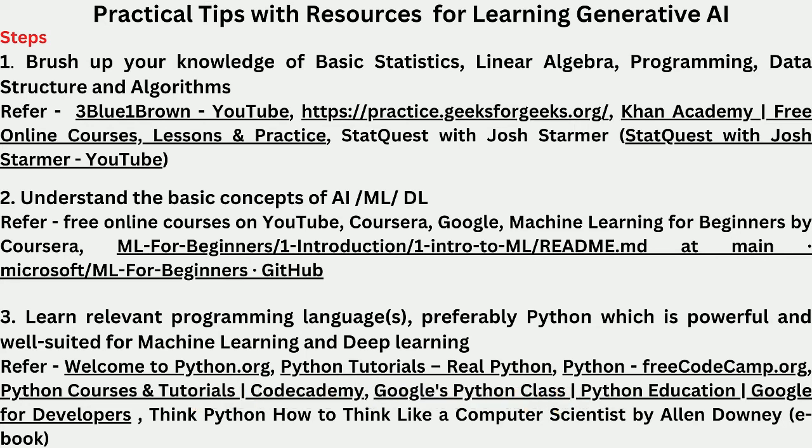You have to brush up your basic knowledge in statistics, linear algebra, programming, data structure, and algorithms. It is important to refresh yourself on areas like regression, probabilities, matrices, vectors, calculus, and computer basics, including programming concepts and algorithms.